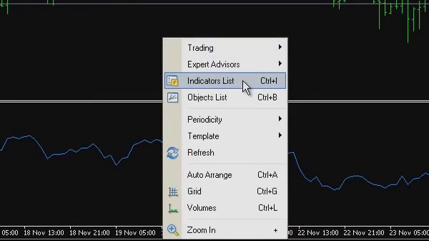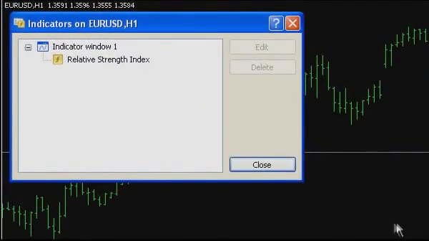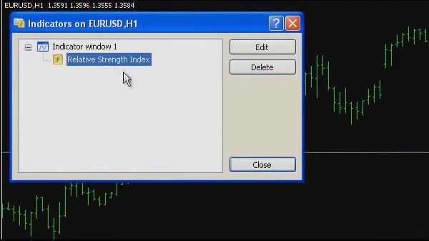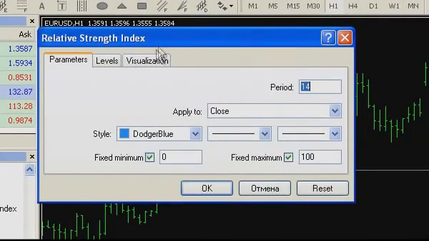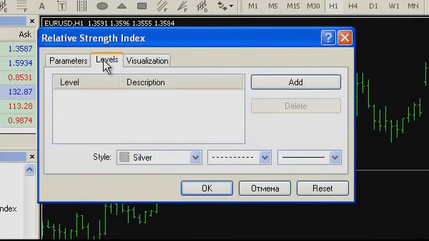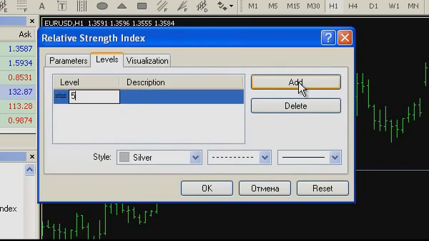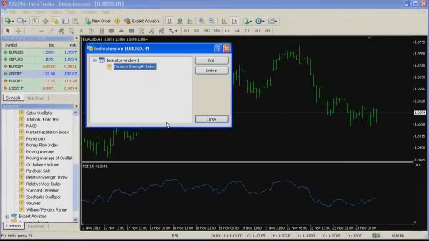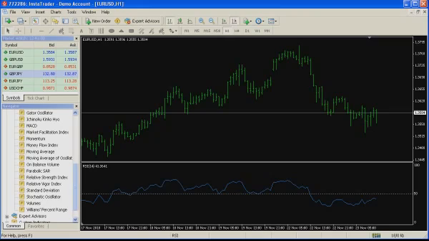To do so, right-click on the free field of the price chart. Choose List of Indicators and double left-click on RSI to activate the Oscillator Settings dialog window. Switch to the Levels tab, click the Add button and add the required level, 50 in this case. It is clear now that after the RSI line overcomes the level 50, the price often moves in the direction indicated by the oscillator.